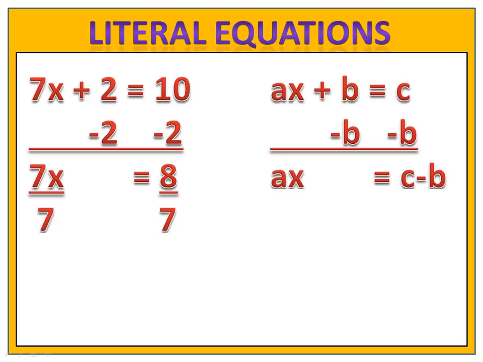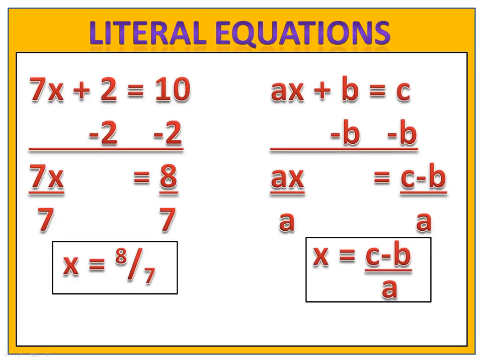In the literal equation, we'll divide both sides by a. That gives us our solutions to the equations: x equals 8 sevenths and x equals c minus b over a. Once again, notice all the steps that we did to the first one, we also did to the second one. The literal equation is just a little harder or a little more confusing to work with because there are so many variables.